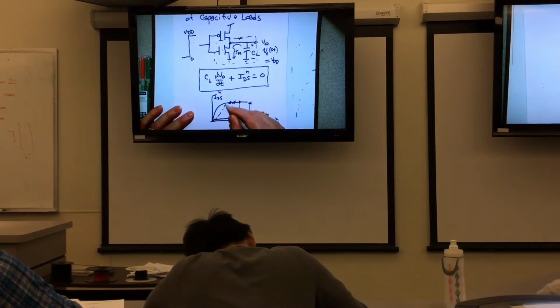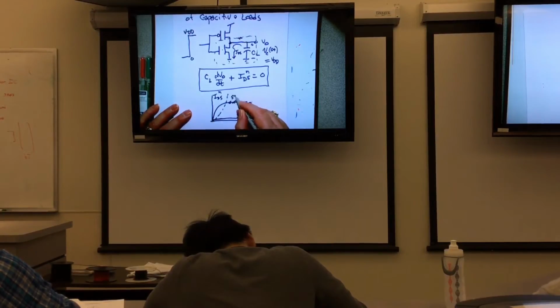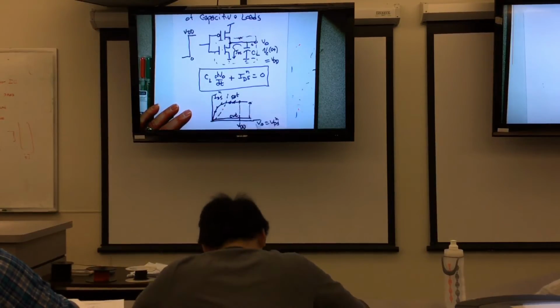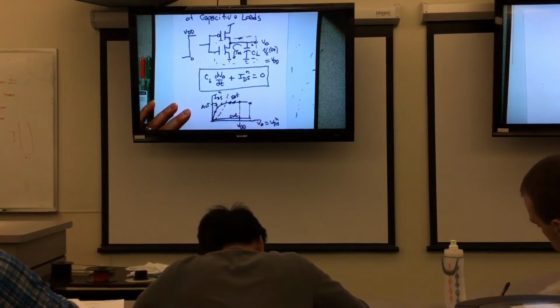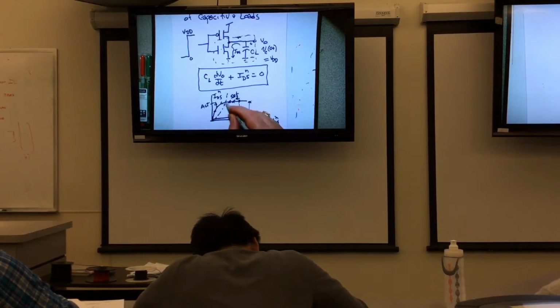However, there is a point at which the nature in which this draining current flows will switch over. This was a saturation area, and then it will merge into an active region. So the transition is here.